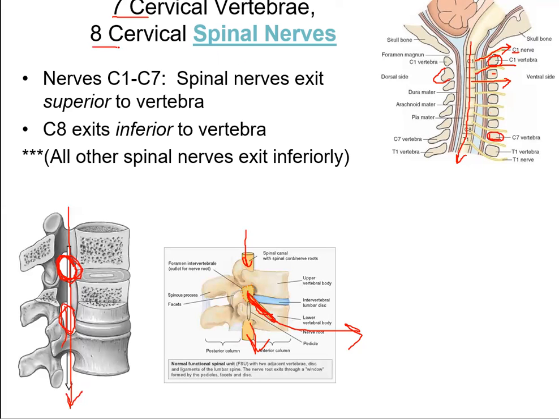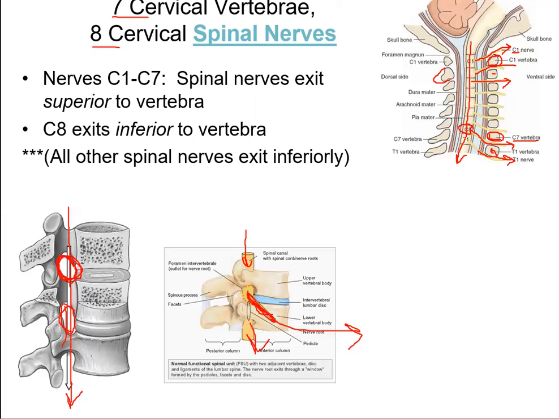There are, in fact, 8 cervical spinal nerves. So even though we only go to C7 in vertebrae, we go all the way to C8 in nerves. And so C8 exits inferior to vertebra C7, vertebral prominence, and from there down, the nerve is named for whatever vertebra is on top of it.